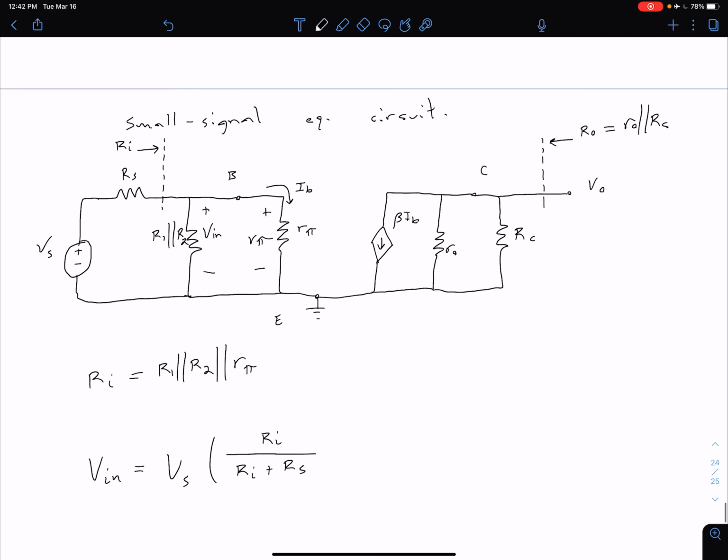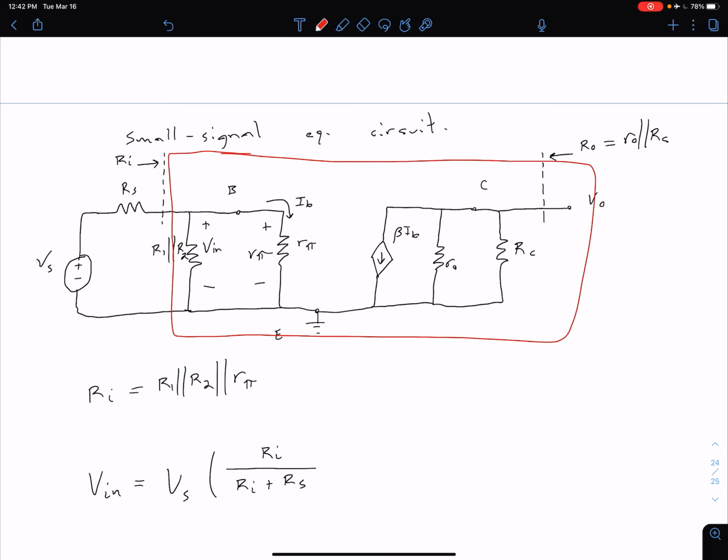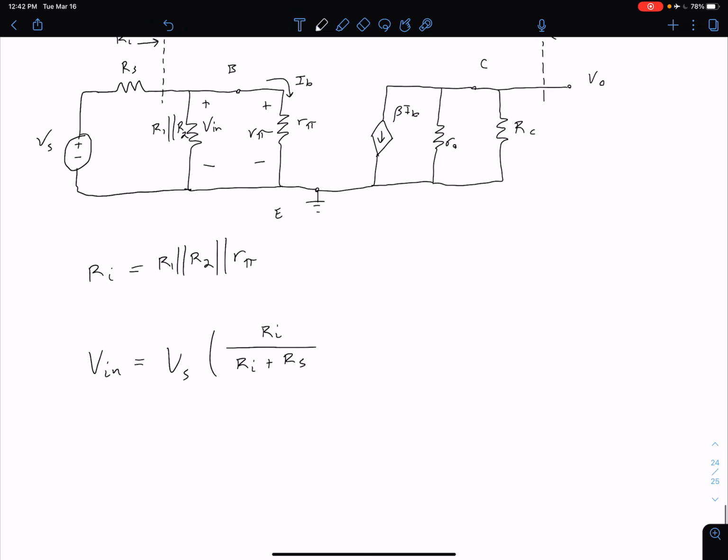And so again, keep in mind that our Ri is basically just saying we have some black box here, so our whole amplifier is just some black box, and we want to replace it with just a single resistance Ri. So that's the idea there, and that's why we can do that voltage division shown below.